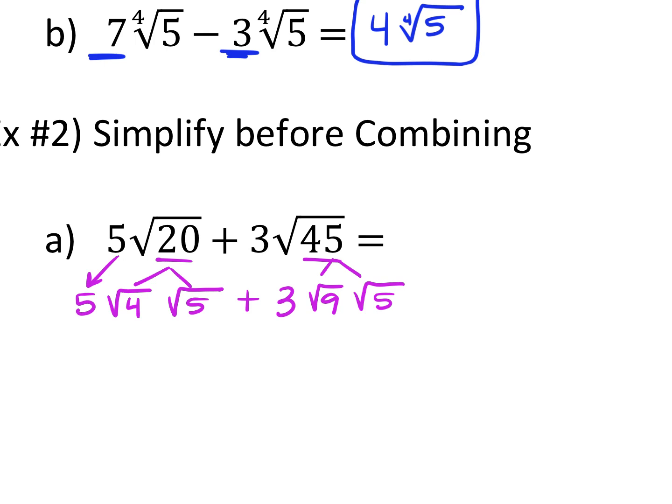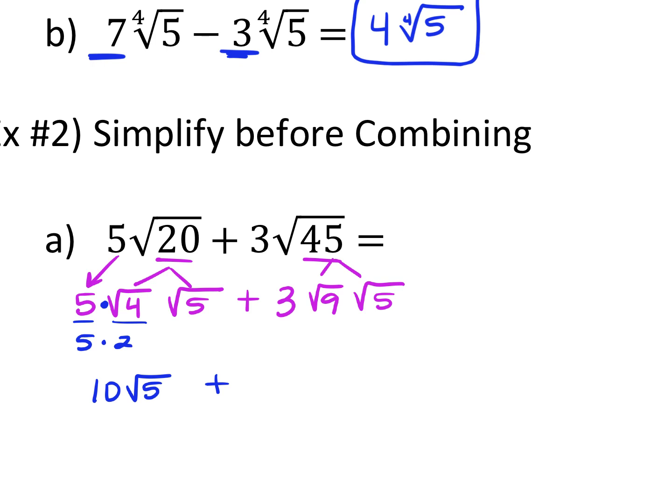That's pretty simplifiable. This is 5 still. What's the square root of 4? 2. So I'm saying 5 times 2, or 10. So this is 10 rad 5 on the left. What do you get on the right? That would be 9 rad 5, right?